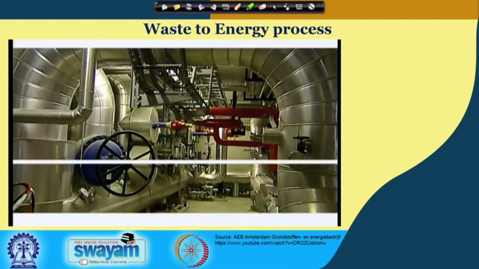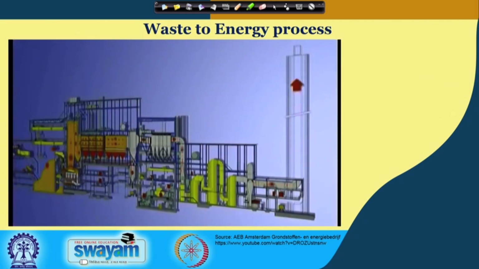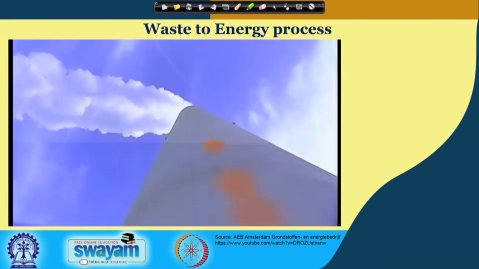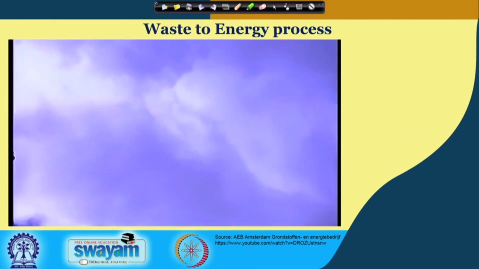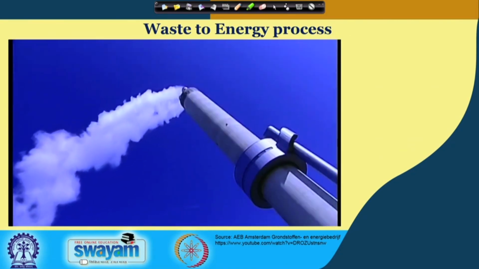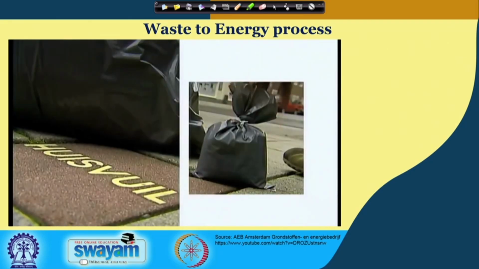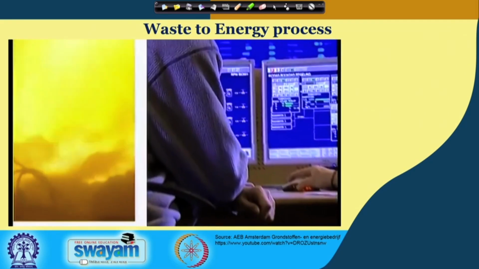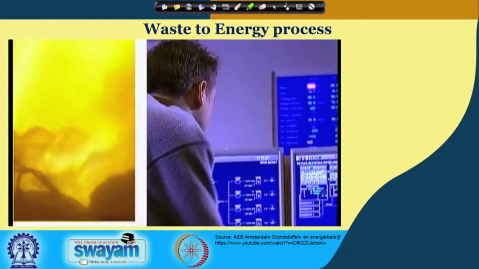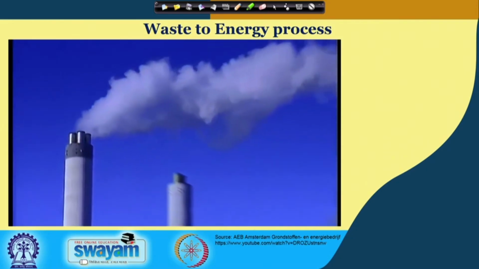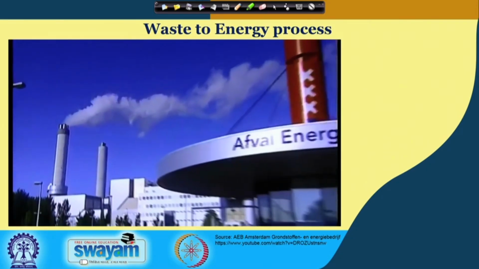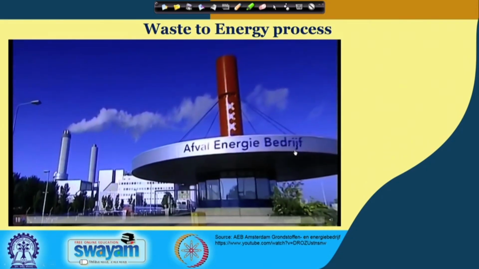The installation therefore produces no wastewater. A sensor in the chimney constantly measures the quality of the discharge gases. The white plume of smoke is in fact nothing more than basically pure steam. Only about 1% of everything that enters the waste-to-energy plant is actually left over. This is completely unusable and is disposed of safely. 99% of the waste is converted into sustainable electricity, heat, and useful building materials.